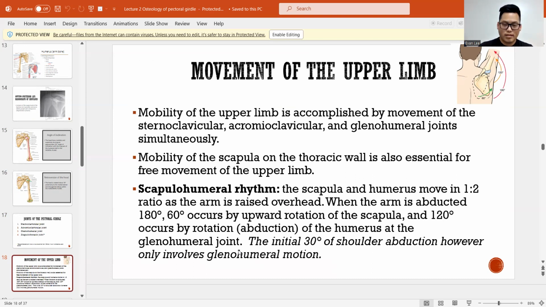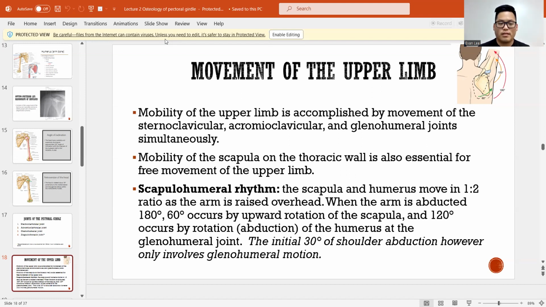When we talk about the whole shoulder joint, there's actually a little bit more to it than just the humerus moving around, which is what we call the scapulohumeral rhythm. Scapulohumeral rhythm is a combination of the movement of the scapula and the humerus to allow for a more effective shoulder joint.